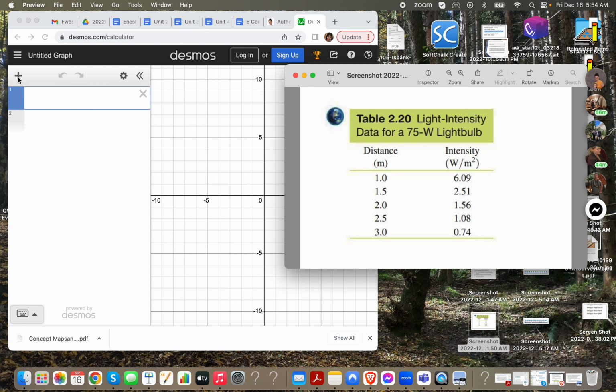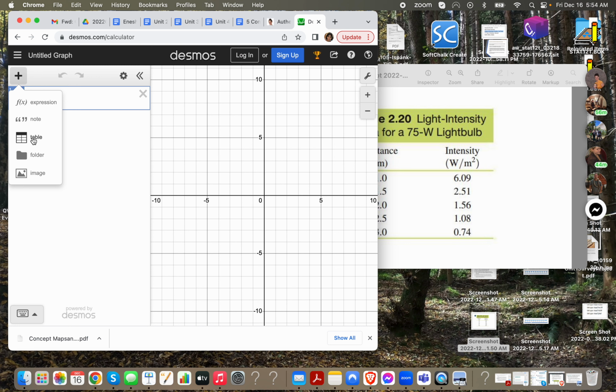When we want to put a table in, we hit this little plus sign. All right, and we're going to click on table.